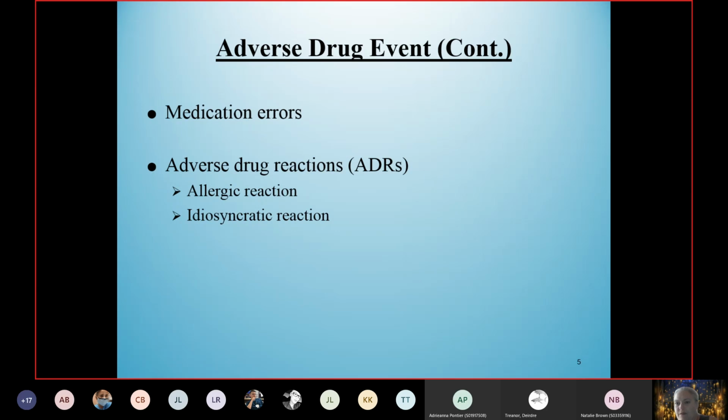So we have the right dose, the right route, the right person, the right time, right indication, right documentation, right to refuse. We had right education, right response. Courtney, can you think of another one?